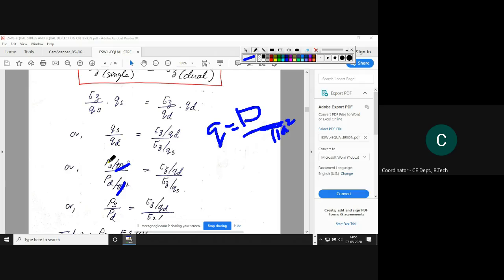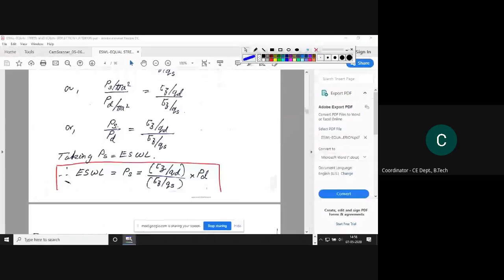Now as I said, the load on the equivalent single wheel is your ps only. So this is your ESWL only. Okay. This is your ESWL value. So we can write from the equation ESWL, ps equals ESWL. So from here we will get ESWL is equal to sigma z qd by sigma z qs into pd.